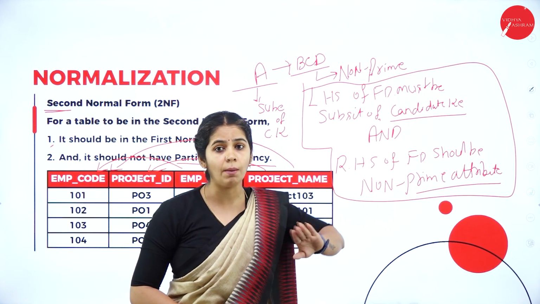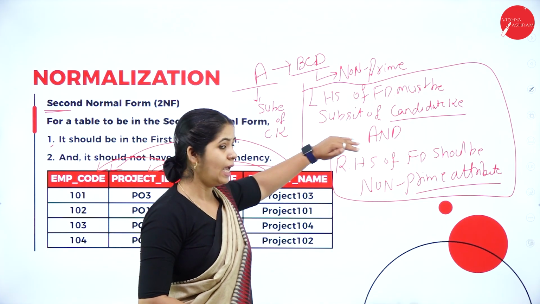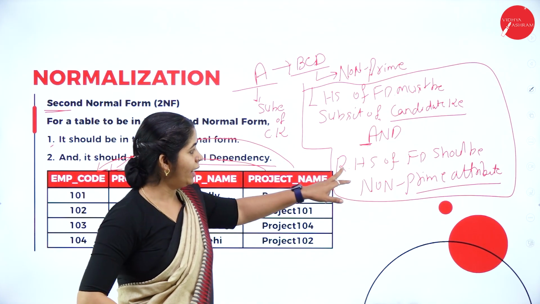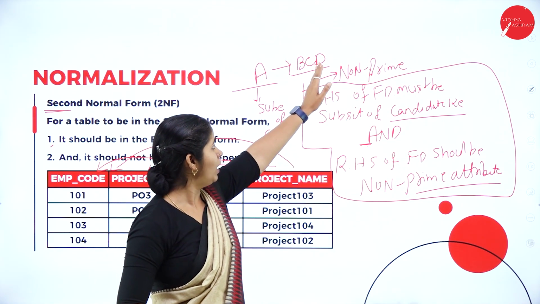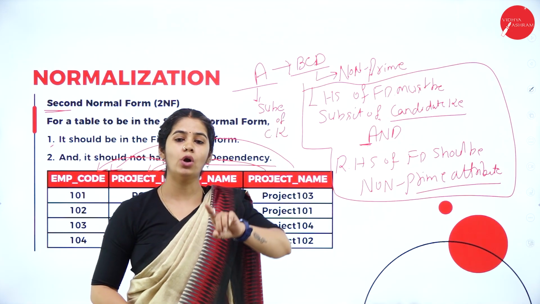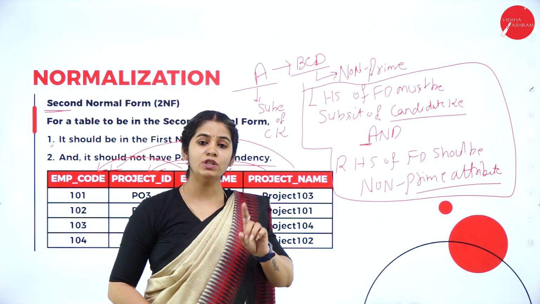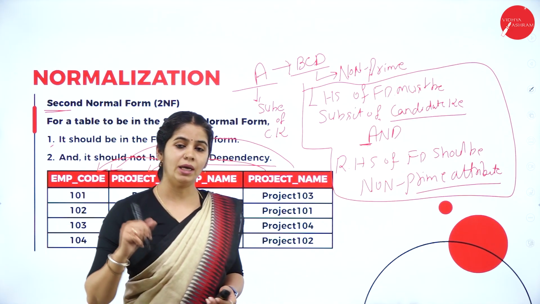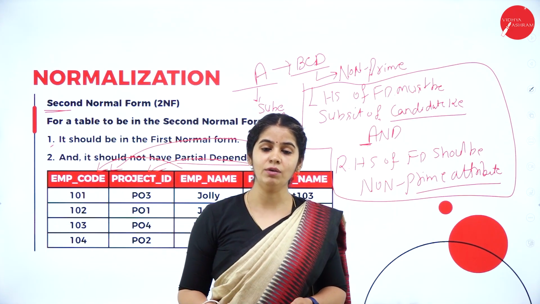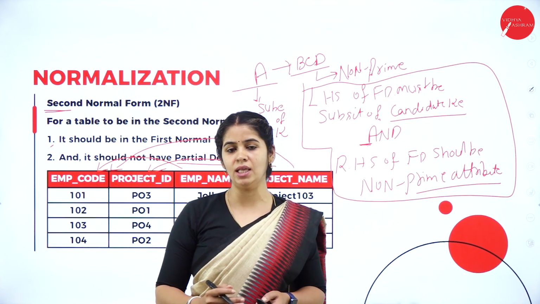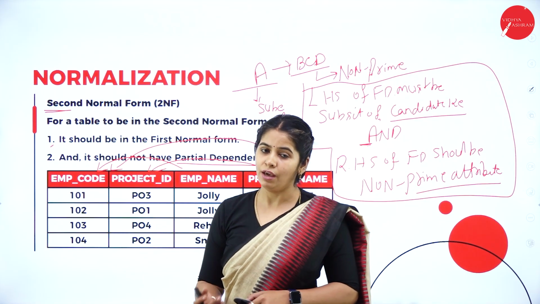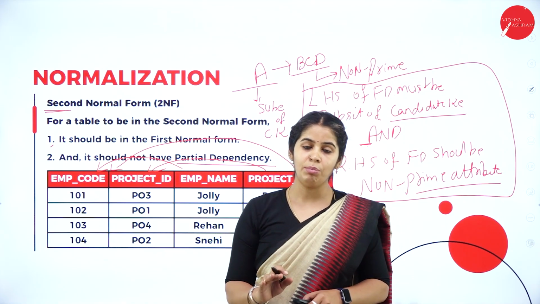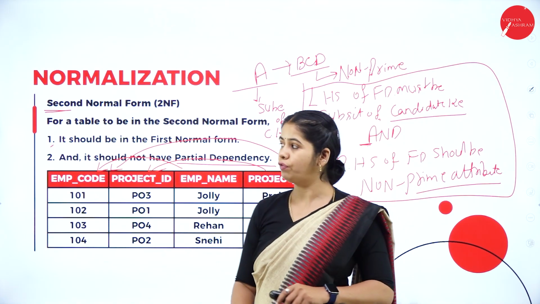It should be the subset of the candidate key, and we are using the AND operation, very important, and right hand side of the functional dependency should be the non-prime attribute, means which is not participating in making the candidate key. By these two definitions, we can find whether there is a partial dependency in the table or not. If there is a partial dependency, then we can directly say the table is not in 2NF form.